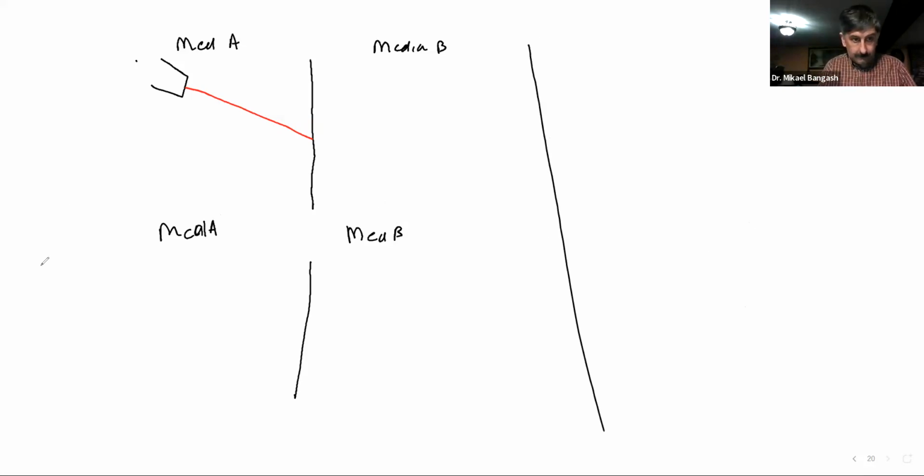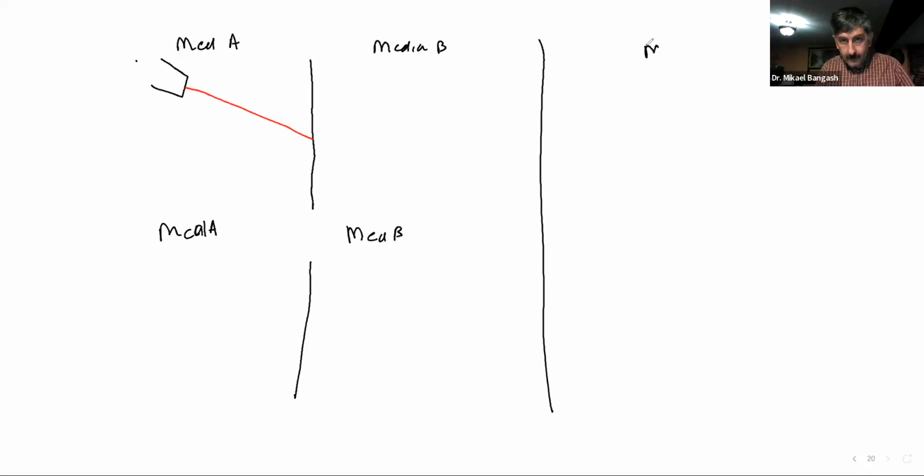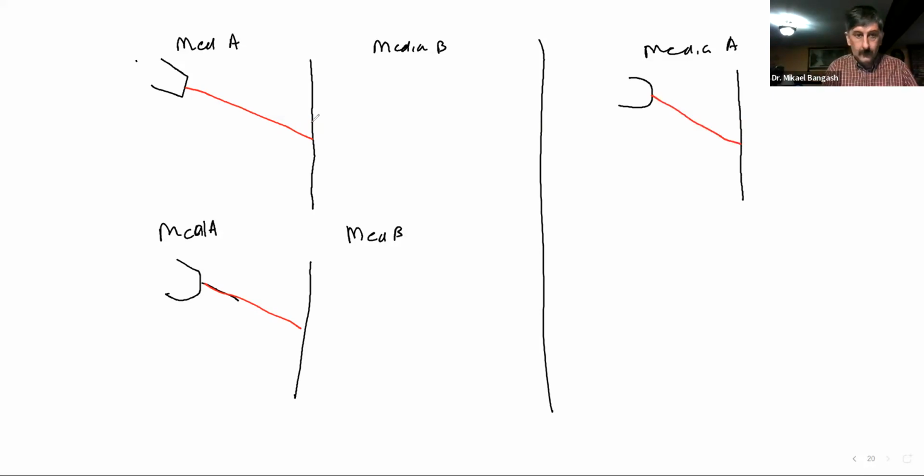This, we can say media A and media B. And in all three, just not to make too much confusion, supposedly we have the same angle of incidence, and we can just keep it in the middle.